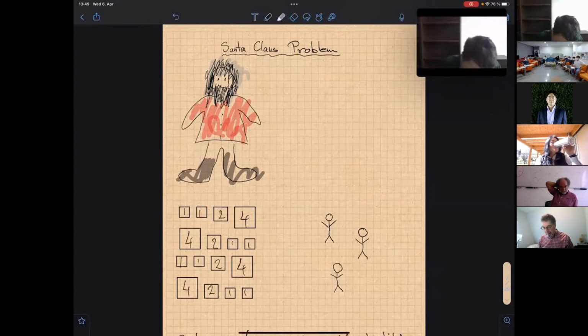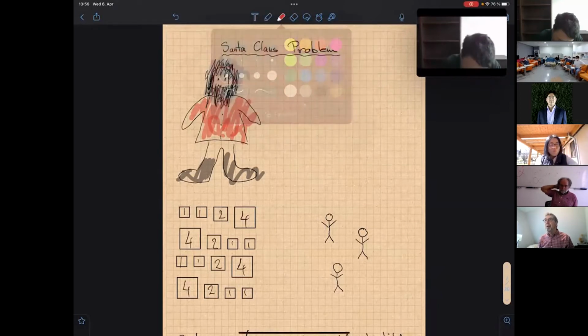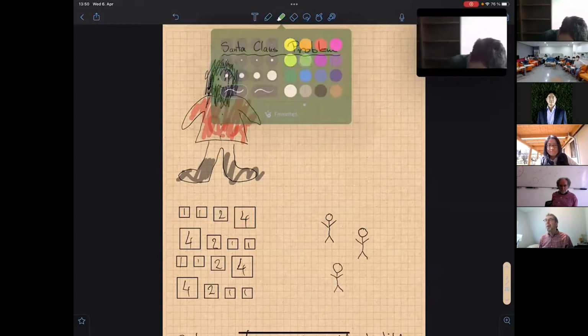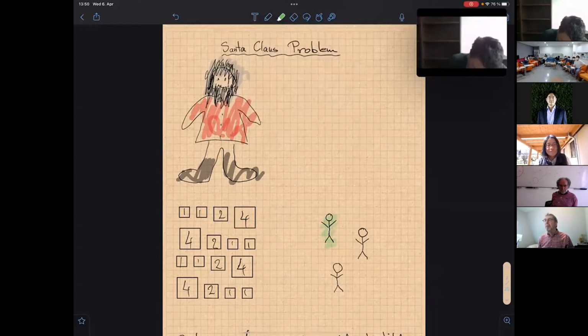And each child has set up some preferences, right? So which of these items they would like to receive. Maybe let's choose another color.